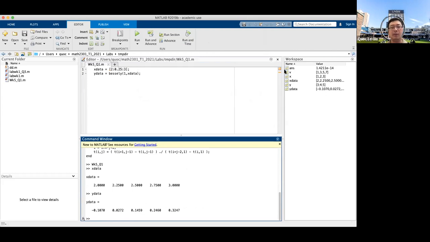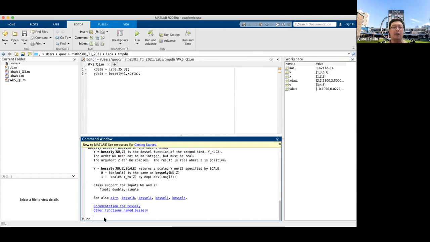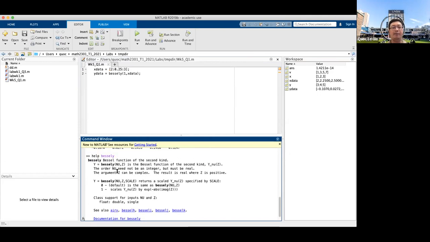Somebody is asking something. Let me see whether I have a question in the chat box. Yeah, somebody asked me, what is besselY? So besselY is the built-in function in MATLAB that computes the Bessel function for you, the Bessel function of the second kind.